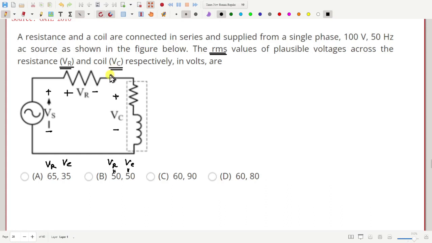So suppose this current is I. Let me draw a phasor diagram.